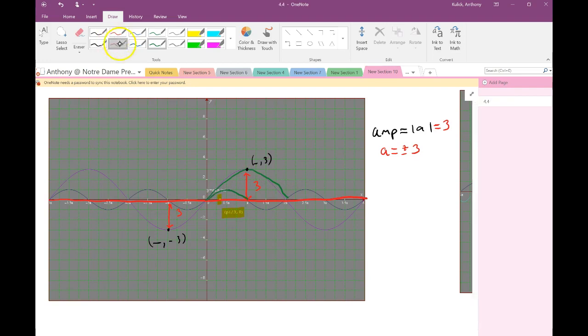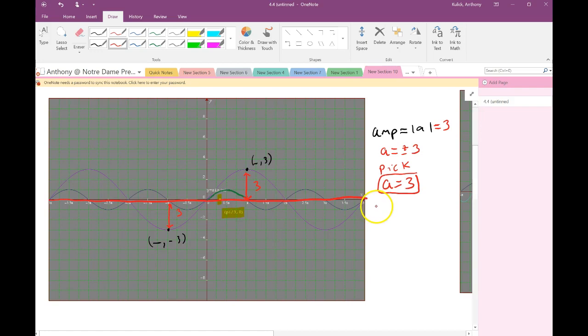So that's going to indicate to me that I'm going to pick the positive value for A rather than the negative one. If the purple graph started with a trough, like going to a minimum, I would have picked the negative value. But again, you can do the problem either way. It doesn't really matter if you pick A to be positive or negative. We can get the correct answer by picking a different value of H later on.